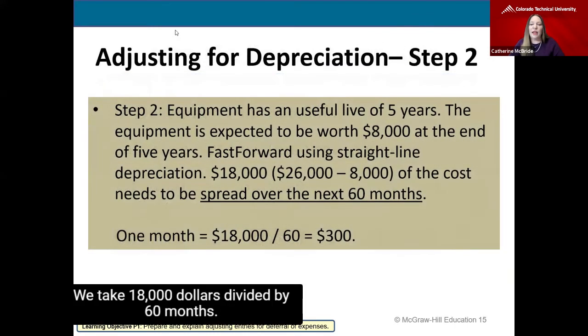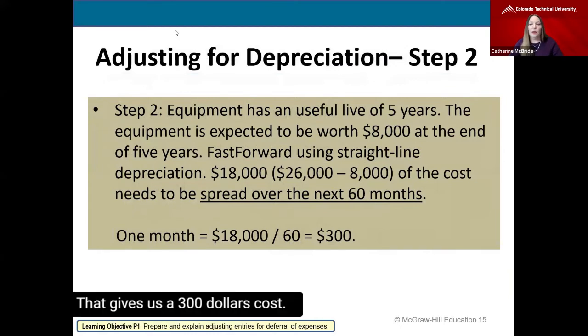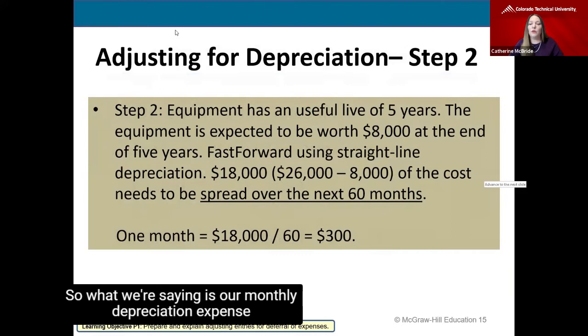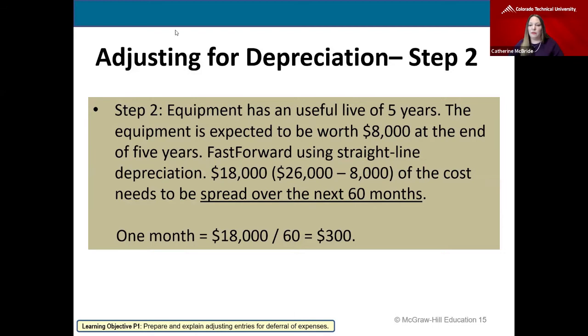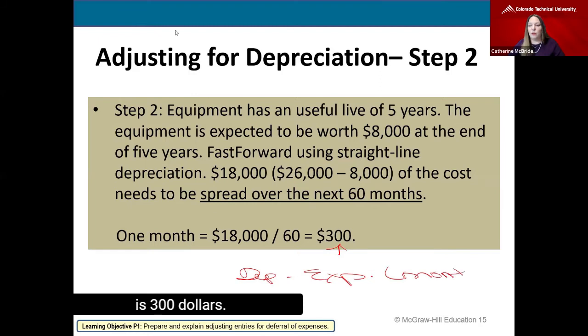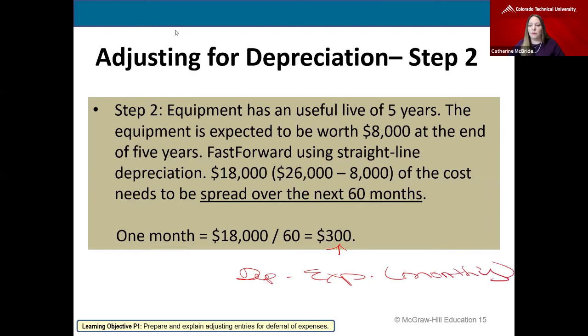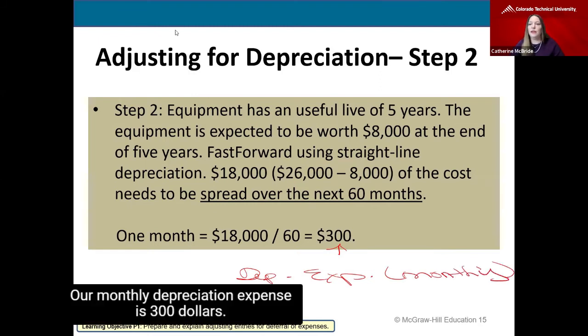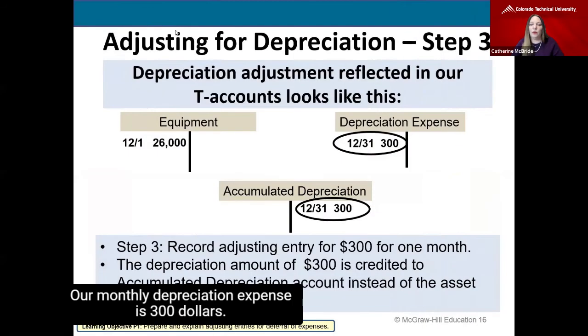We take $18,000 divided by 60 months. That gives us a $300 cost. So what we're saying is our monthly depreciation expense is $300.